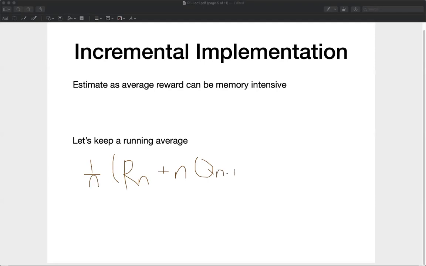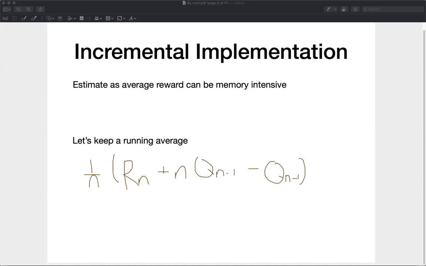I'm moving that n minus 1 over. So I just took that n minus 1 term and I distributed. So it's n times q of n minus 1 minus 1 times q of n minus 1. That makes sense to everyone?